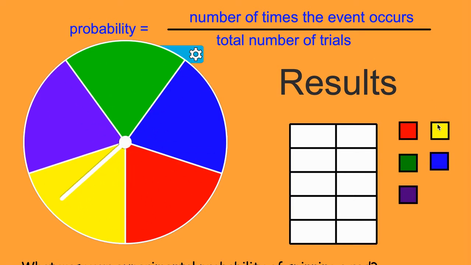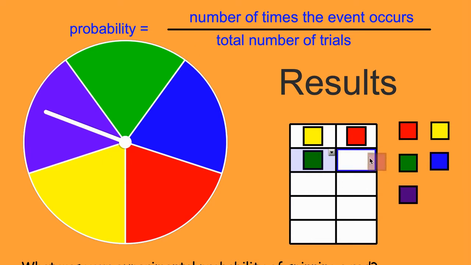Okay, so I got a yellow. Just going to record my results here. All right, I got a red. I've got a green. I'm going to do this 10 times. Purple. Green.